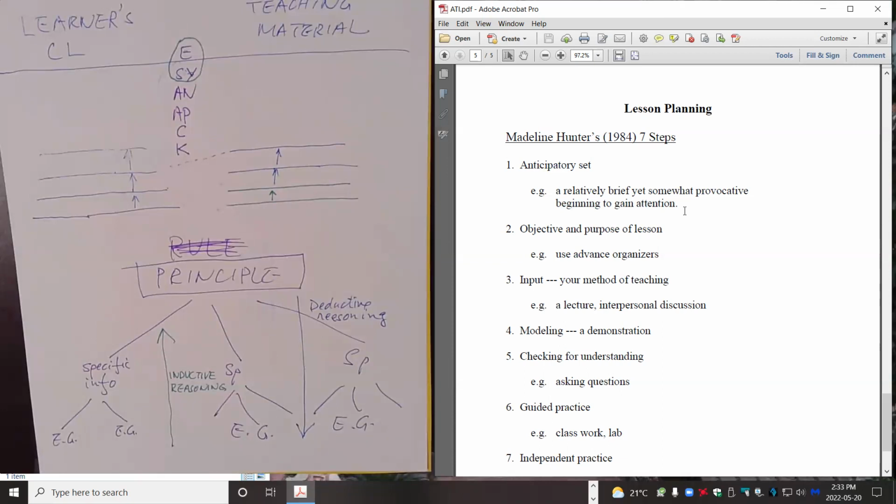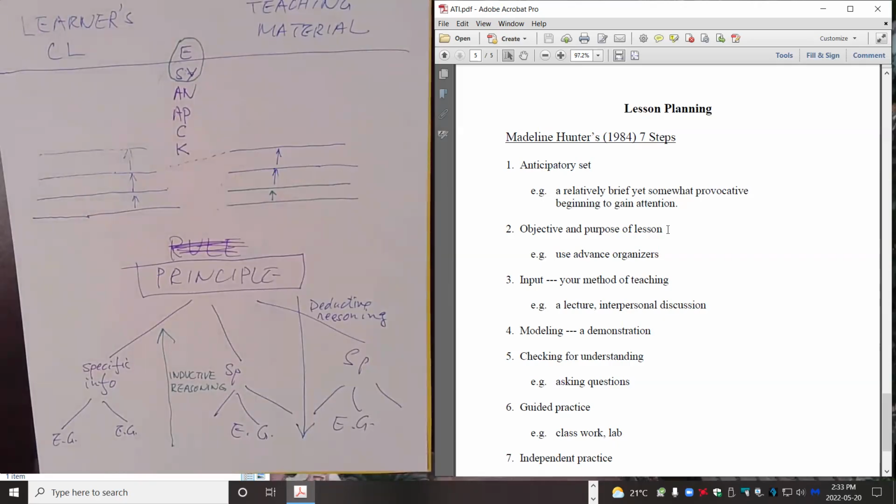Or you make an attempt to get the students to lean toward you with an orienting question. For example, look at me, I'm going to show you how to deal with this. Or that type of thing. So that's how you could draw the interest, or just stir up the interest of the students. All right.